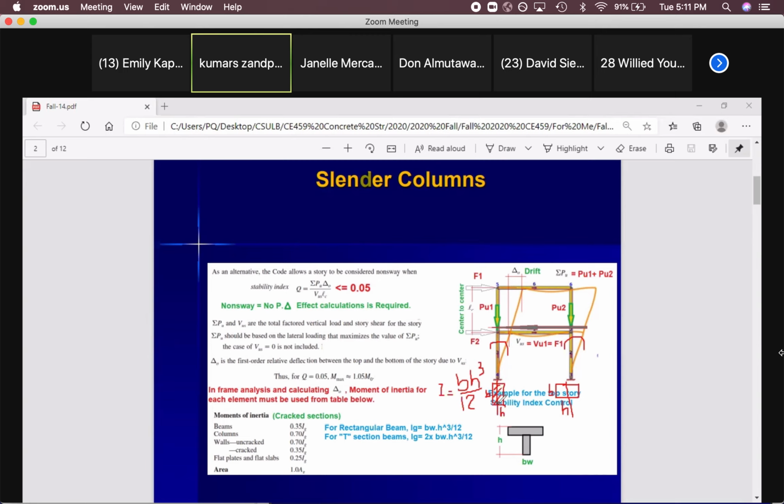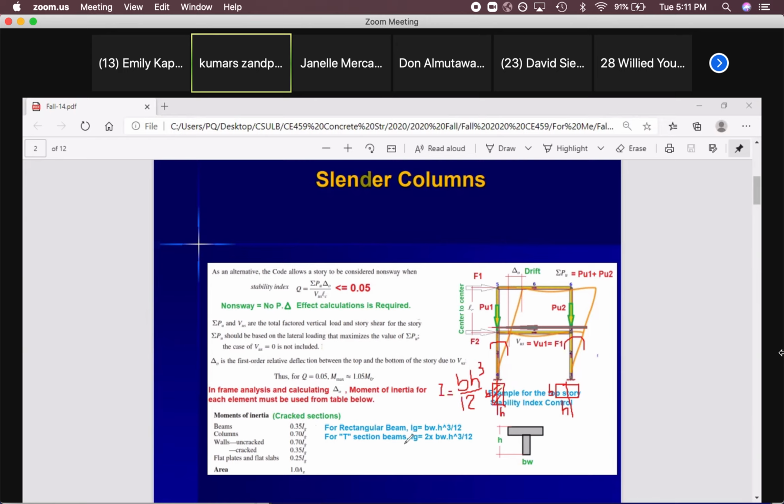Remember, for the gross moment of inertia of the gross section, B is parallel to the bending moment axis, and H is perpendicular to that center line. For that column, the same. This is very important, otherwise you will consider IG wrong.